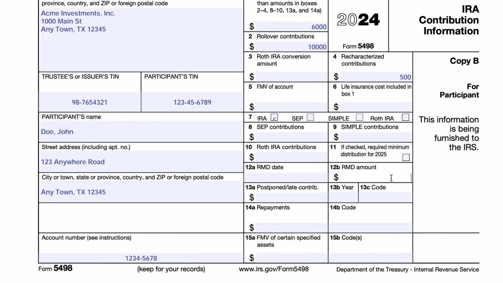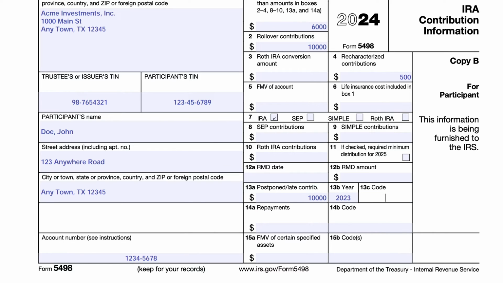So this would not be reported in either box 1 or box 2. But let's say that you had a $10,000 postponed contribution for the 2023 tax year. In box 13C, there would be a code based on that type of postponed contribution.